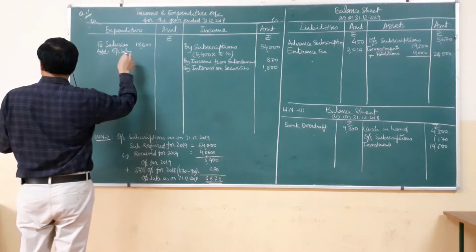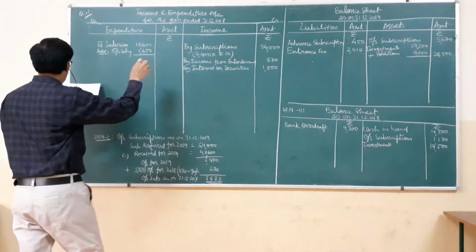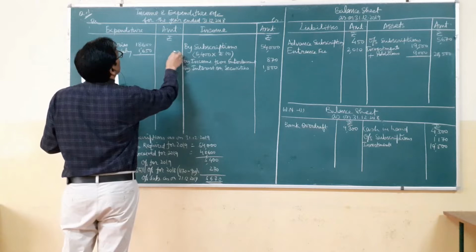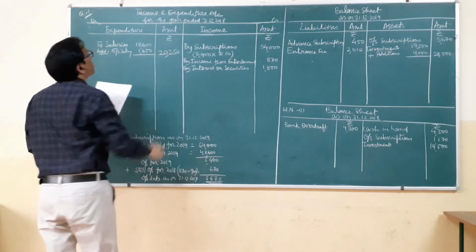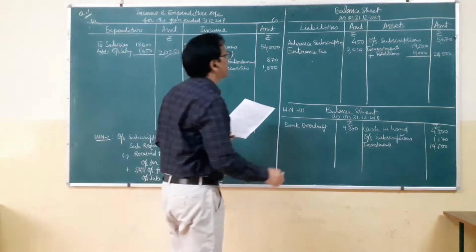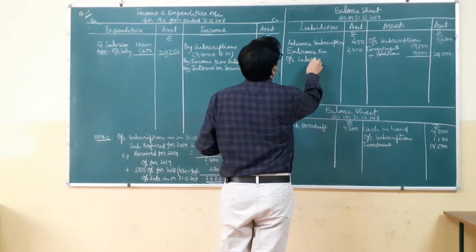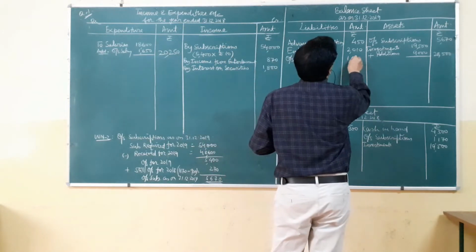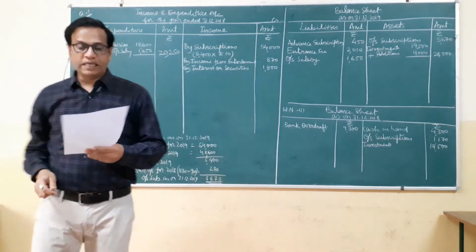This is 1,650. Then we add, 20,250 rupees relates to current year's salary, and outstanding salary we take on the liability side, 1,650.